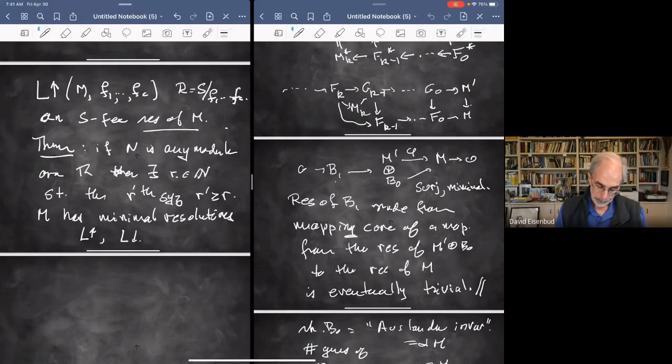So in some sense, this is the main theorem, but as I say, the main point is the construction.